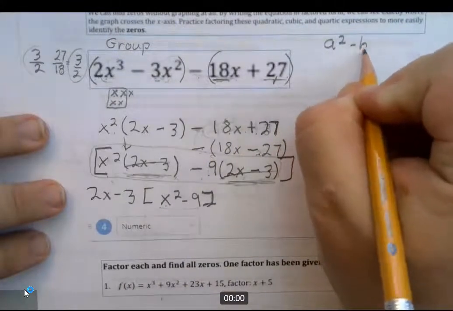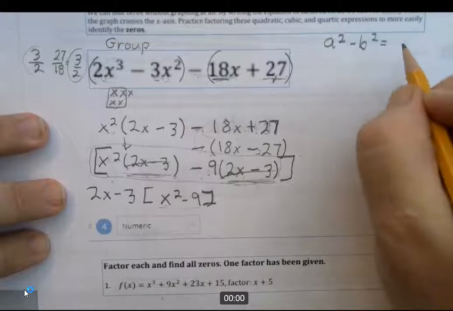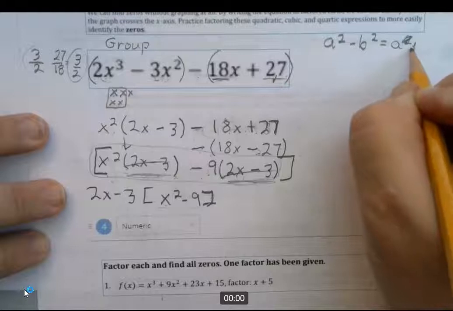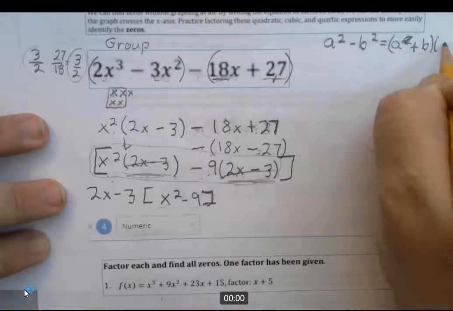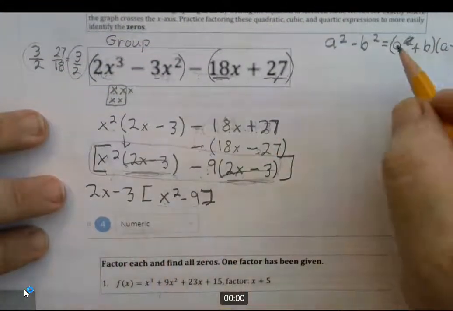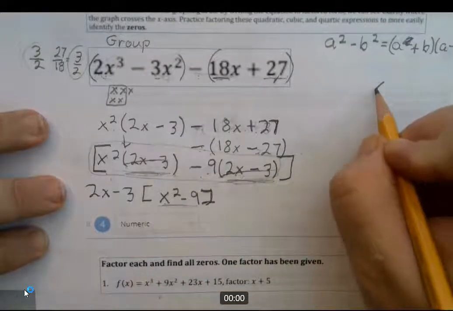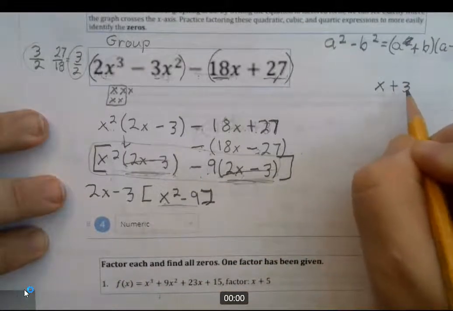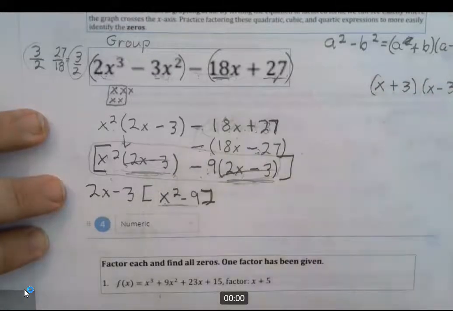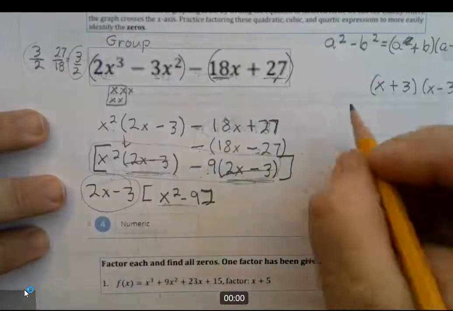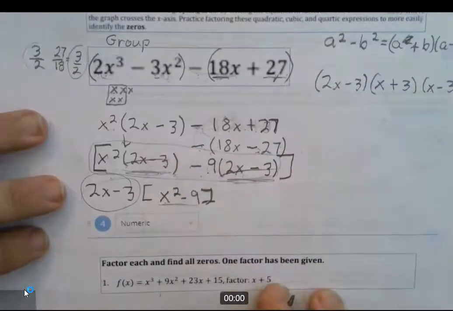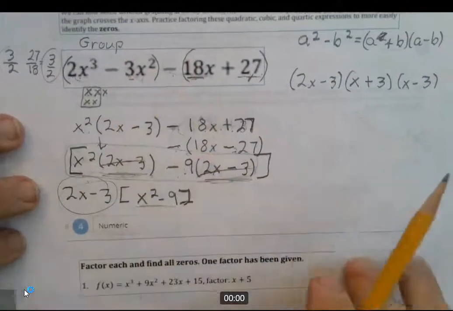A squared minus B squared equals A plus B times A minus B. So for this, it's going to be x plus 3 times x minus 3. And then we have this term that we factored out, so it's 2x minus 3. So that's the complete factorization of this over here.